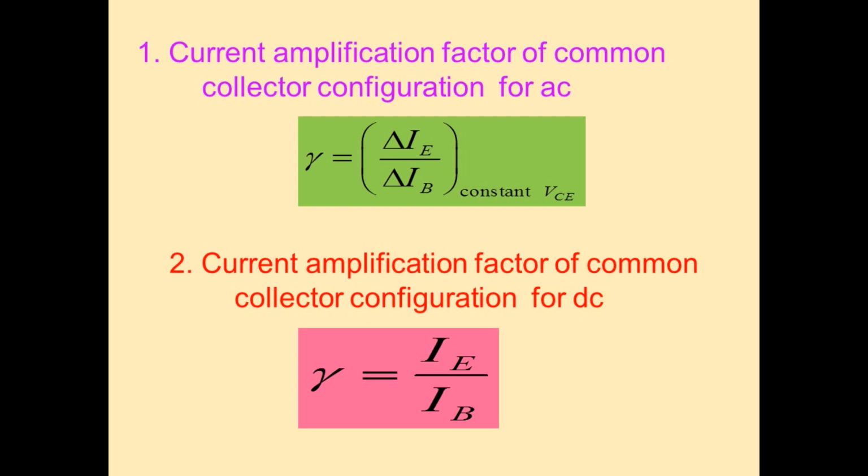In CC mode, the current amplification factor is denoted by gamma.